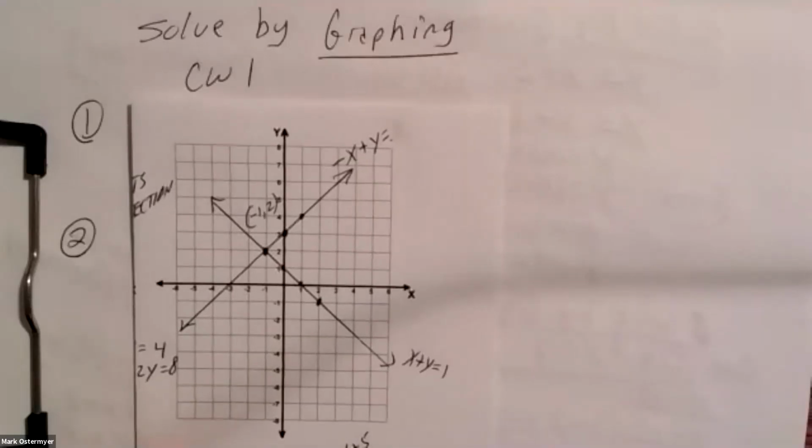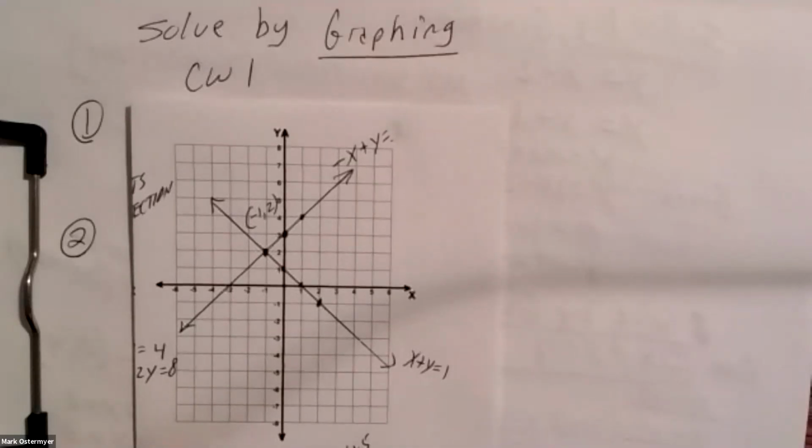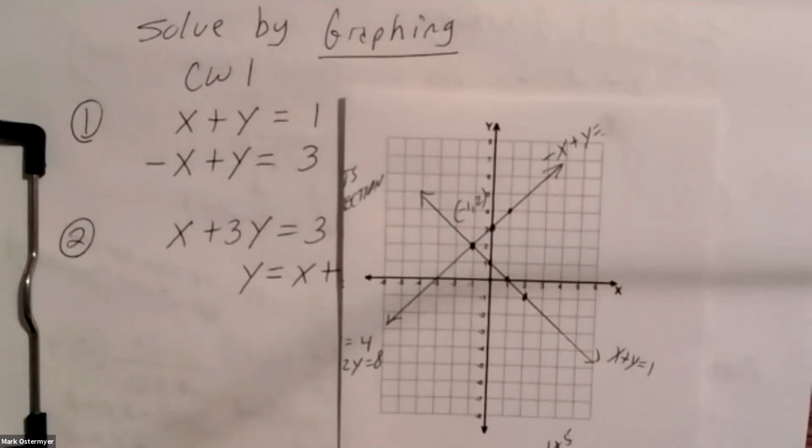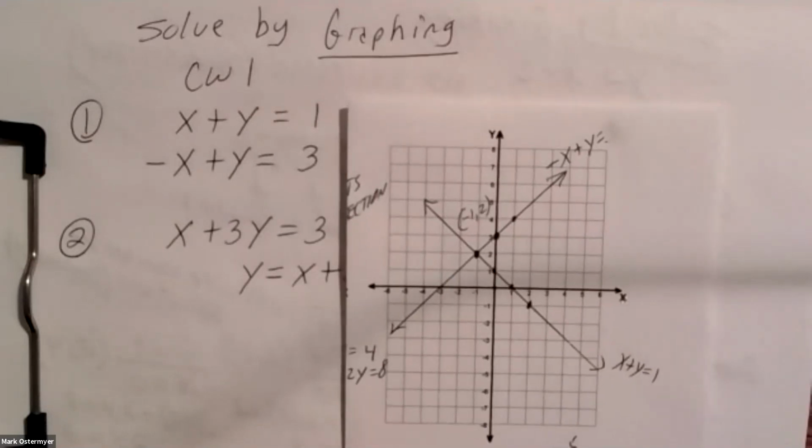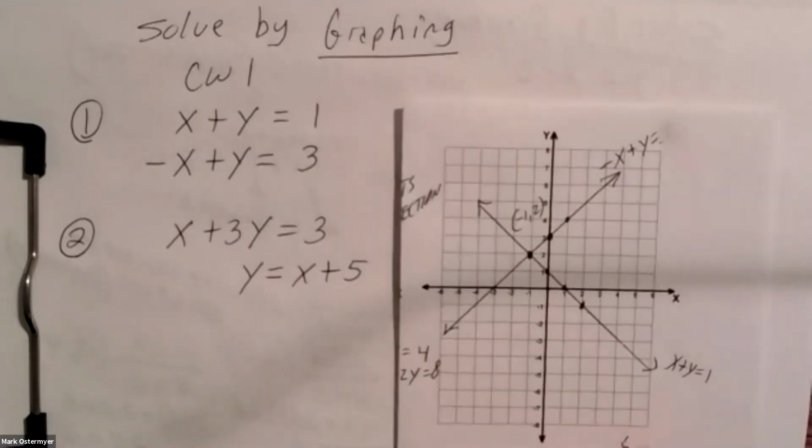Okay. All right, so these should be the lines, what they look like for problem number one, when you graph those two linear equations. Your graph should look like this, okay? So that would be the solution to the system, (-1, 2).